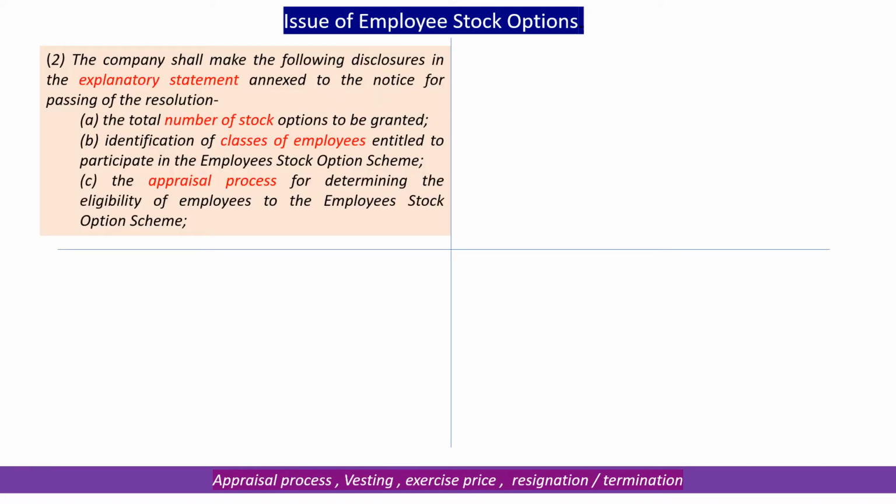What will you do? Once again, when you issue under a special resolution, when in doubt, ensure you disclose in an explanatory statement number of stocks, classes of employees, what is the appraisal process in deciding the value. The shares are to be valued before it is given. The scheme has to be assessed.